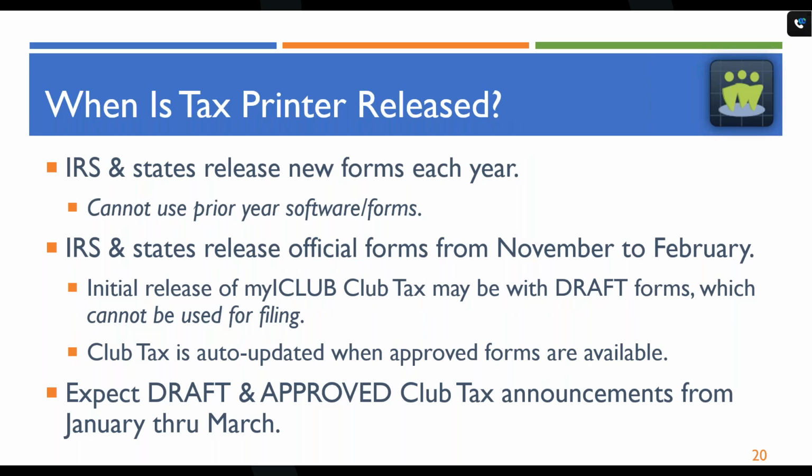It may say draft, there'll be a watermark. You cannot file using the draft forms, but once they are released and approved by the state, they will be automatically updated. So you can just double check and make sure the draft watermark is removed, and you should be approved and ready to file once you do that.